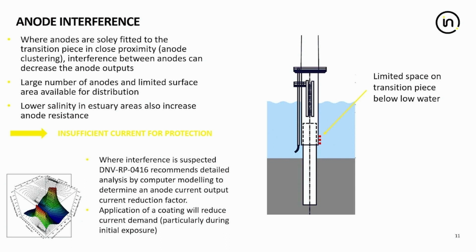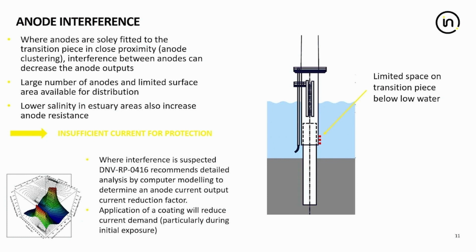This is known about and can be calculated, but it decreases the anode output. So in combination with the increased current density that's needed, if there's a reduction in the amount of current that could be supplied, insufficient current was being provided.